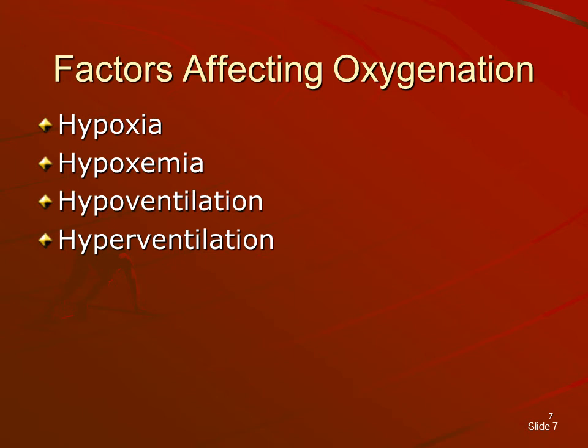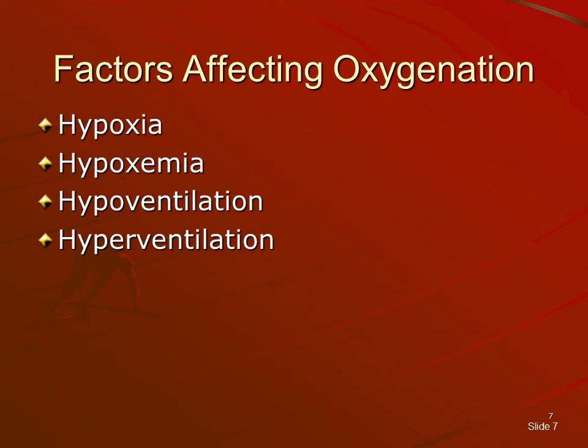Hypoxemia is a decreased arterial oxygen level in the blood. So again, when we check the arterial blood, there is a decreased level of oxygen within that blood. Some early signs and symptoms of hypoxemia include restlessness, anxiety, tachypnea or an increased respiratory rate, and tachycardia or an increased heart rate.